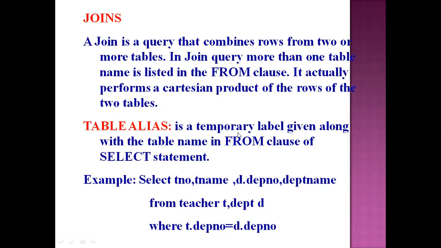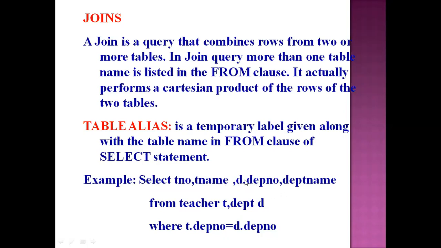Tables can be given a temporary label along with the table name in the from clause of a select statement. Here, select T name, T number. See here, the teacher table name is not given. I am selecting teacher number and T name from the teacher table, comma, D from department, D dot department number, comma department name.